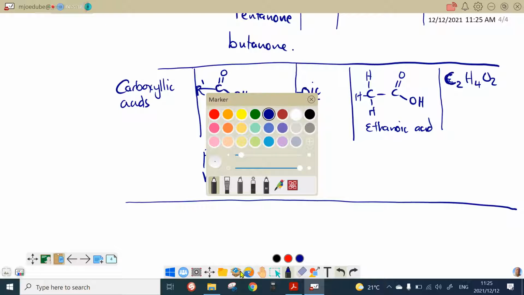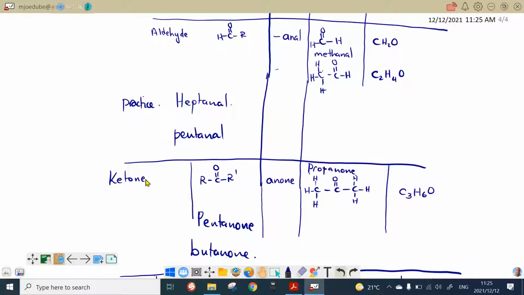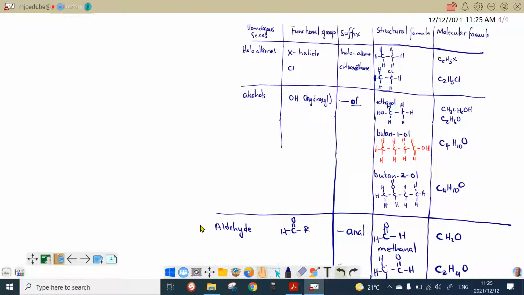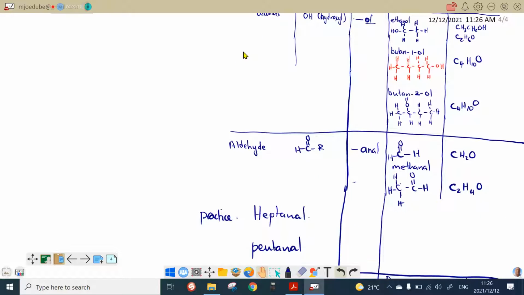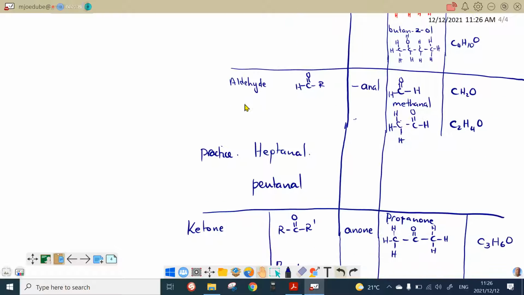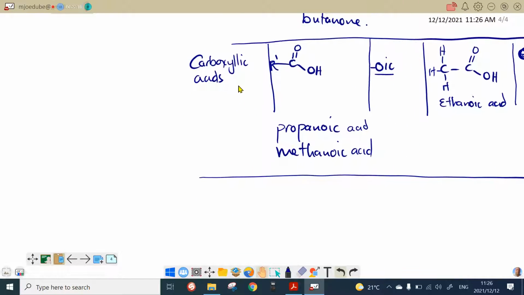So now when you look at this, how many have we referred to? We've referred to your haloalkanes, your alcohols, your aldehydes, ketones, your carboxylic acids.